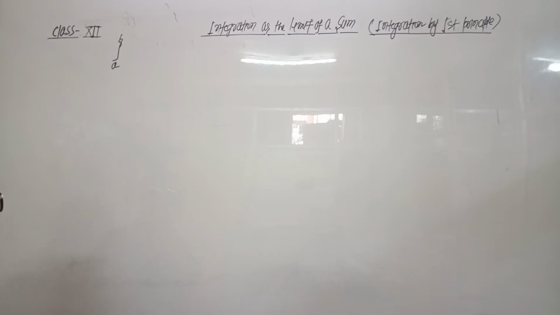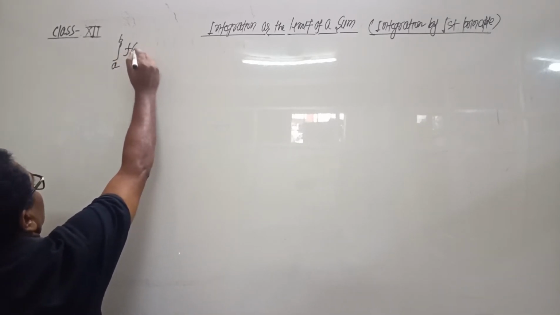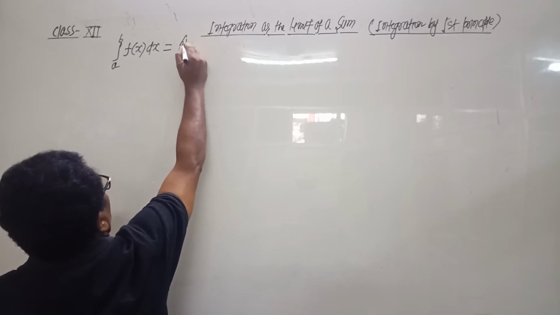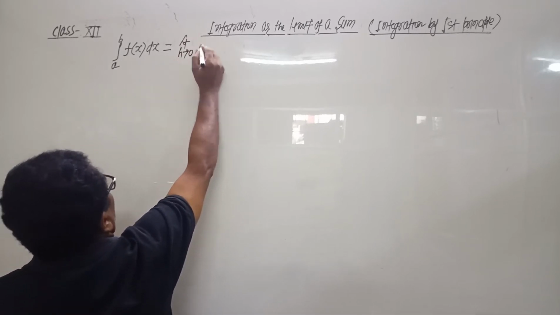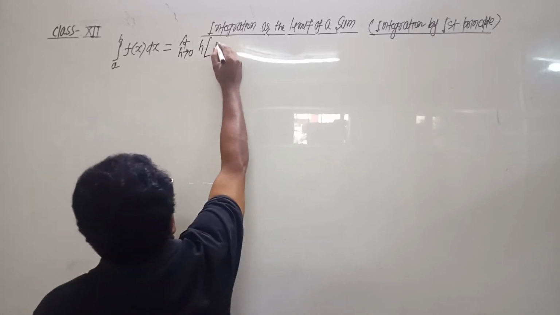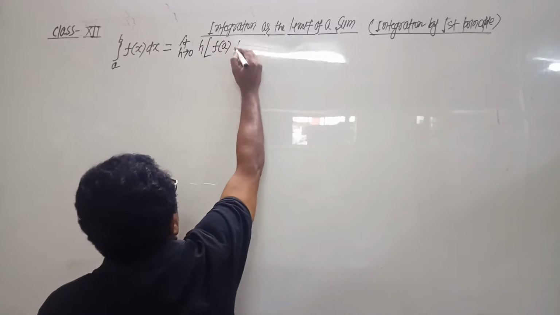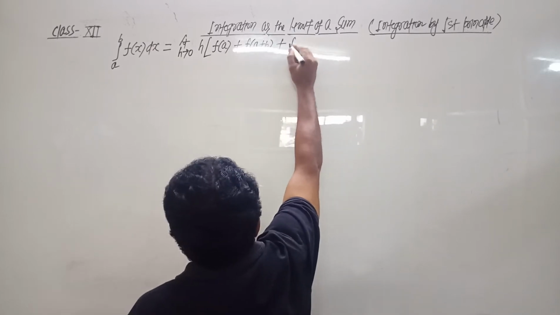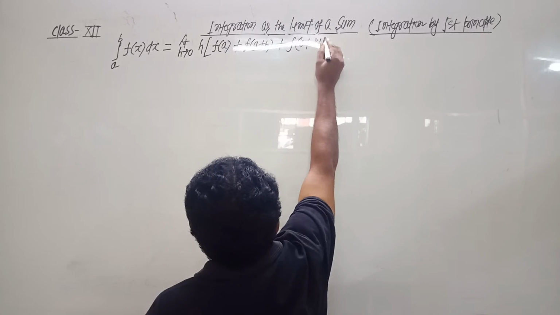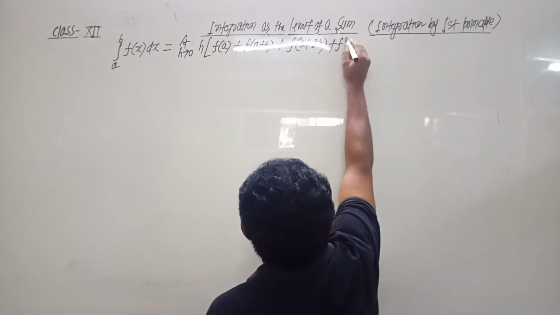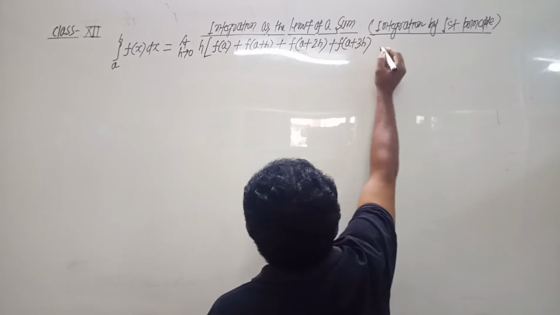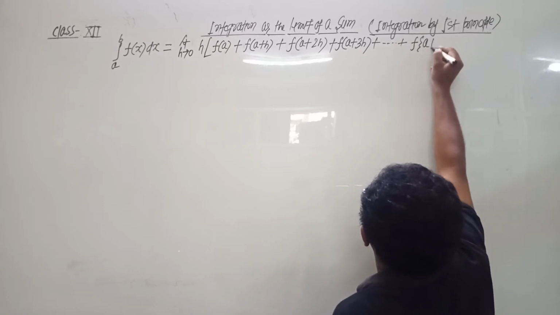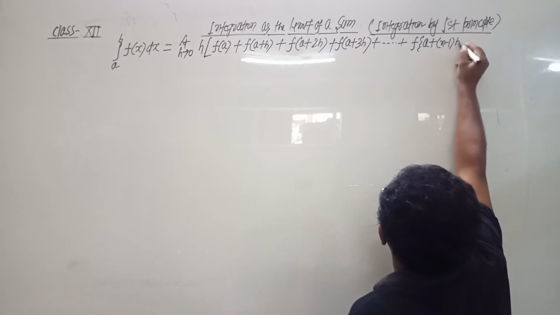So integration a to b f(x) dx equals limit h tends to 0 of h times [f(a) + f(a+h) + f(a+2h) + f(a+3h) + ... + f(a+(n-1)h)].